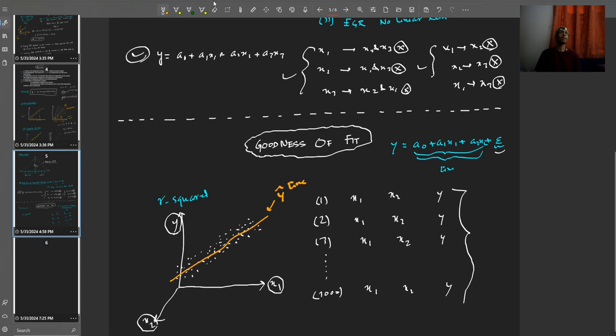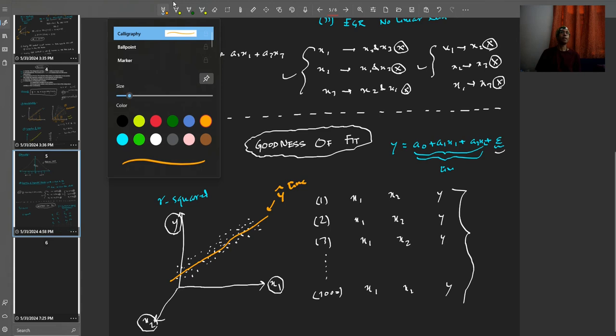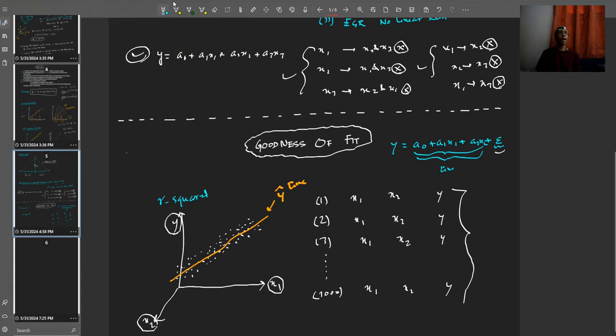What are these y hats? Friends, y hat is basically the predicted y without the noise. So y hat is exactly a0 + a1 x1 + a2 x2. It is a single line. There is no noise about it. The data points' actual y's are creating some noise, but the predicted one is a single value. There is no noisiness about it. So this is what y hat is. But the actual values are not exactly matching with the y hat, right?